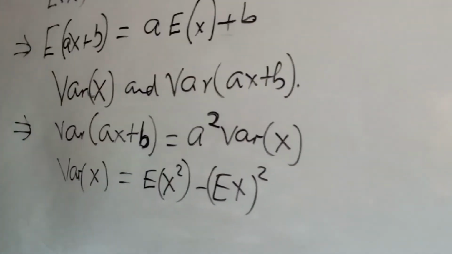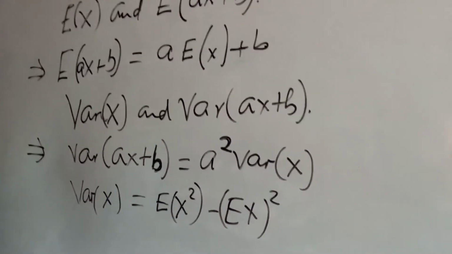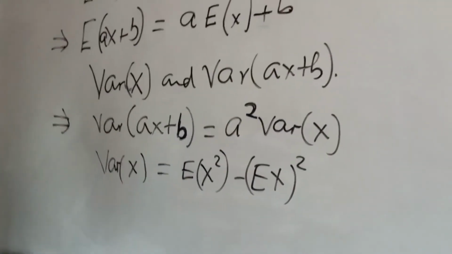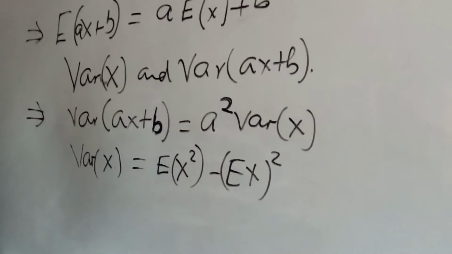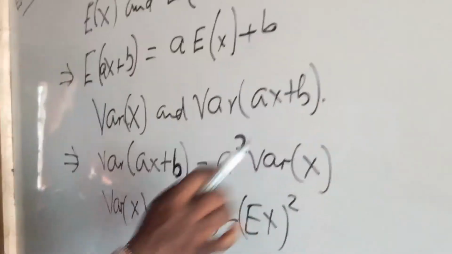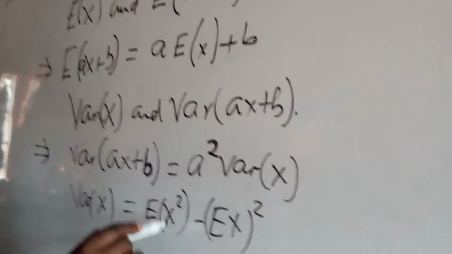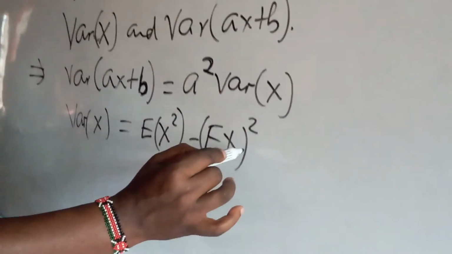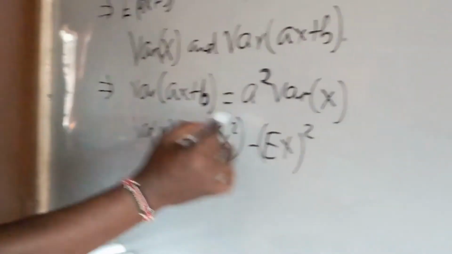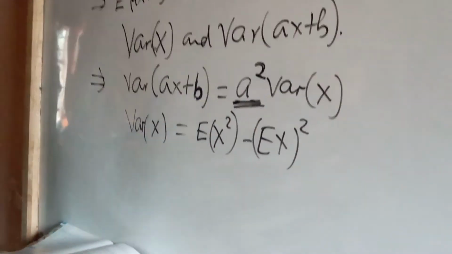So if each value of x is multiplied by the value of a, the variance will be multiplied by the square. Of course, the reason why a squared comes over here is because initially we understood that the expected value of x squared minus the expected value of x, both of which are squared, then there is no question that a squared comes and takes up that position.